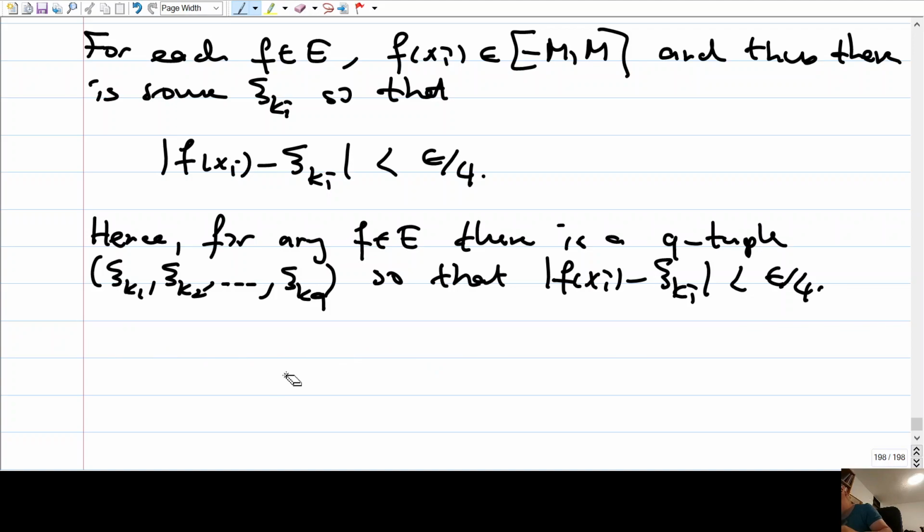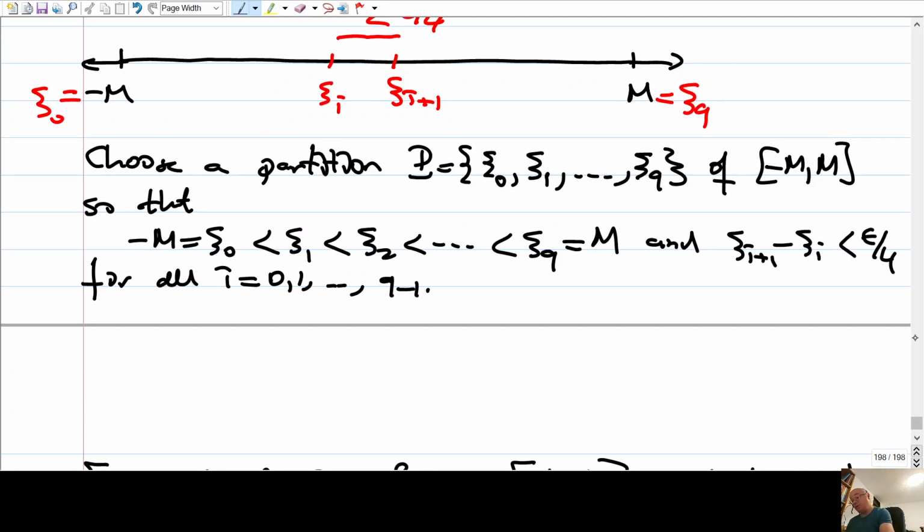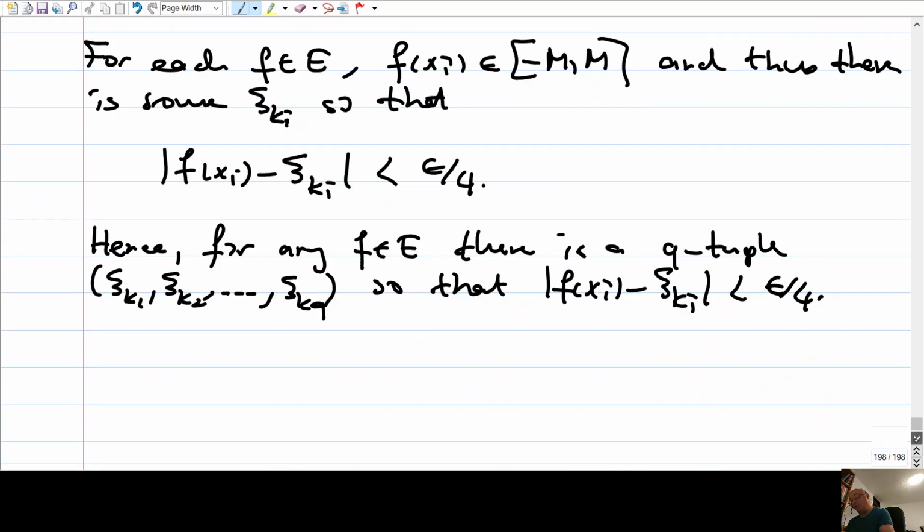All right. Now, how many such k tuples or q tuples do I have? Well, there are q plus 1 xi's, and I choose q of them.